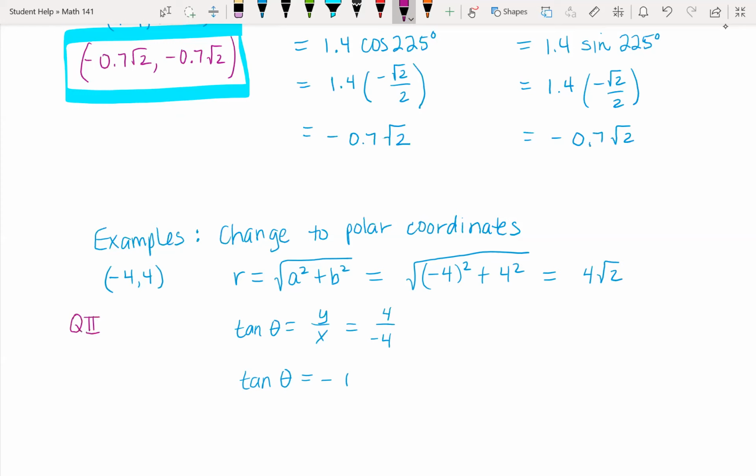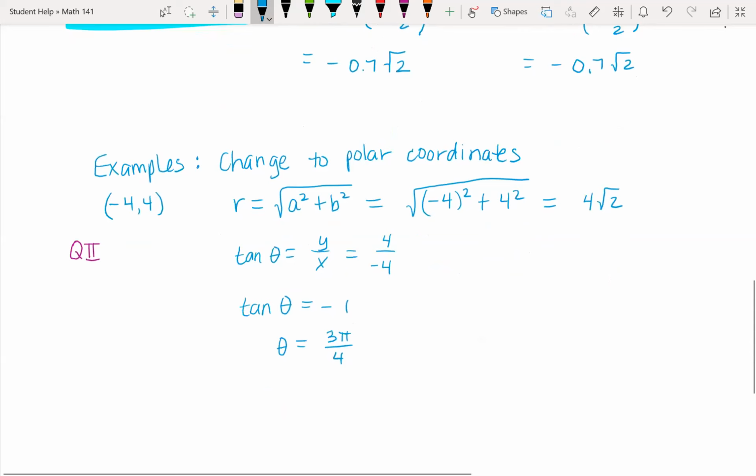So we know that theta is equal to 3 pi over 4. So then we know that the polar coordinates for this number are 4 root 2, that's r, and then 3 pi over 4.